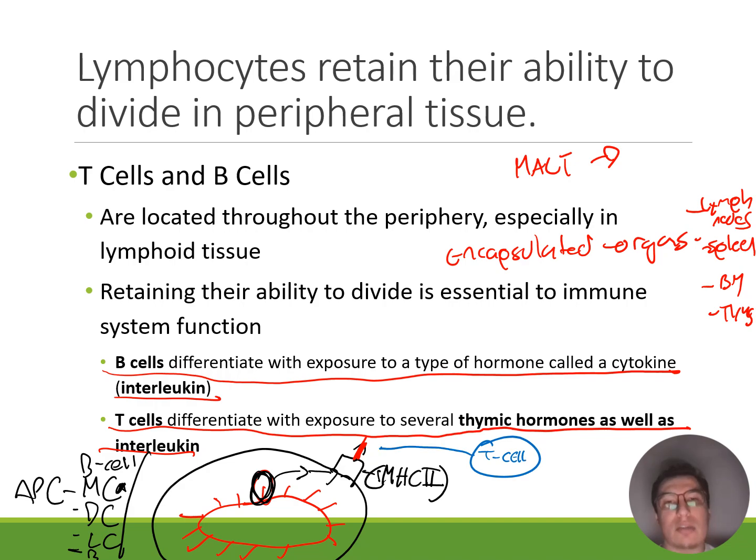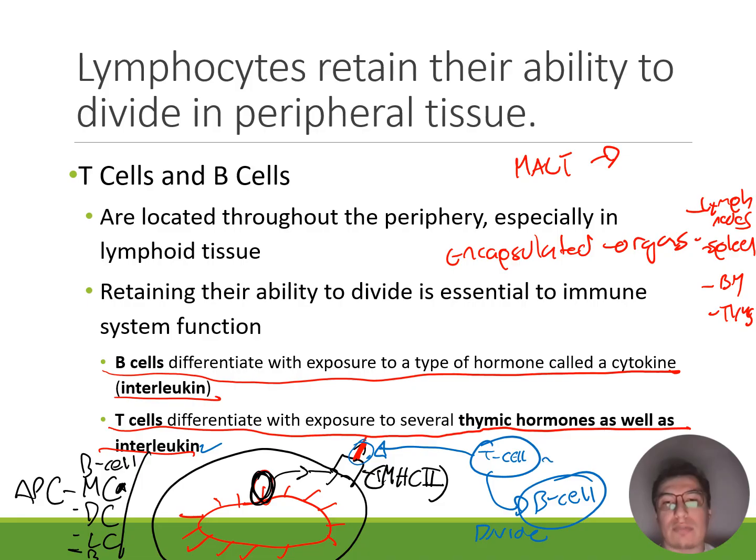So this T cell is going to come to this receptor and it will then become activated. The T cell will then understand that there is a type of pathogen with this type of characteristics, and it will go on to activate a B cell. The B cell now will know that this type of pathogen looks like this, and it will start to divide with the help of interleukin.